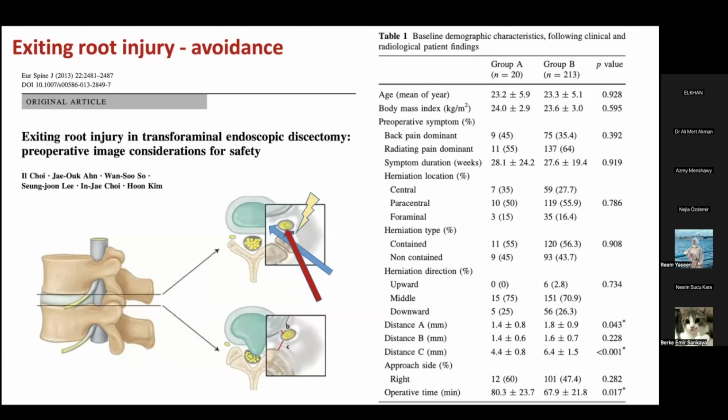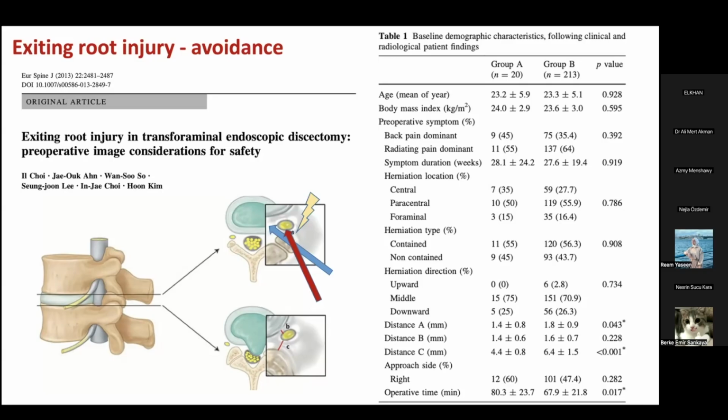The reason that we meet these problems is that the exiting root is just adjacent to the facet joint and is just coming out from the foramen, where we are actually targeting to get through. We have this nice report coming from one of the Korean colleagues that if you have a good look into the pre-operative images and see the proximity of the nerve root to your corridor, you have a better understanding of the risk of exiting root injuries.